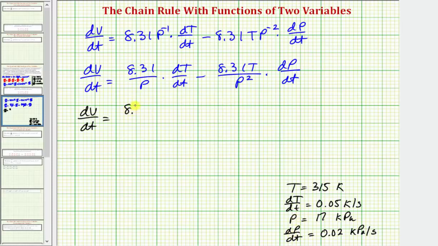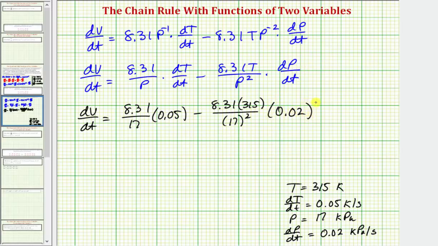So we have 8.31 divided by P, which is 17, times dT/dt, which we know is 0.05. And then we have minus 8.31 times T, which is 315, divided by P squared, which would be 17 squared, times dP/dt, which is 0.02.